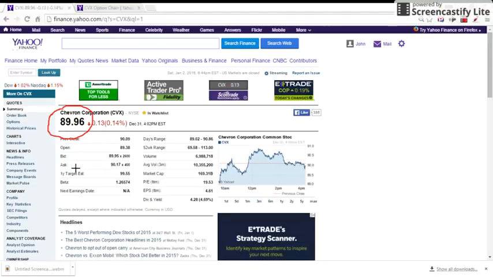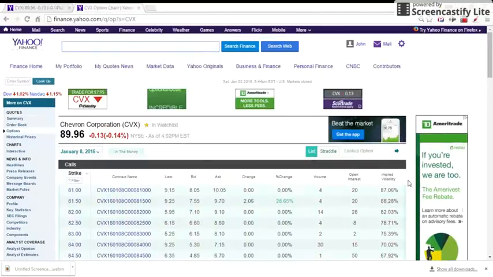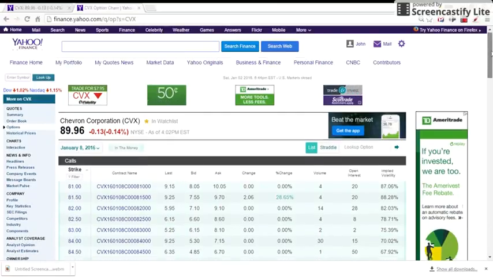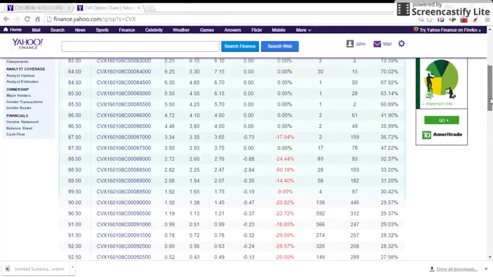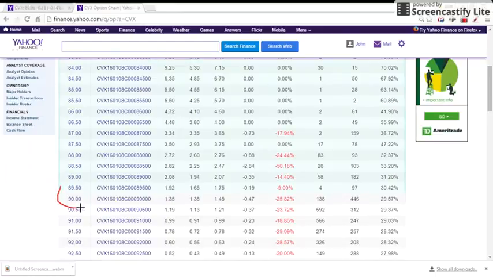Obviously, closer to the money is going to cost more because it's almost in the money. So, for example, right now, somebody could buy this Chevron at the money right there, and they're going to pay me that per share to have that right.